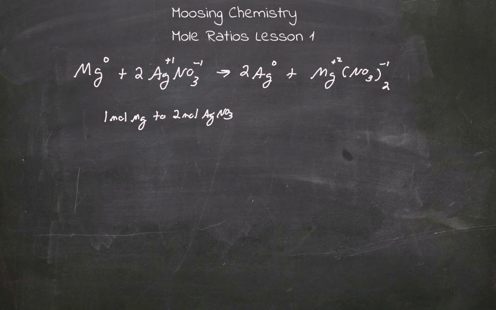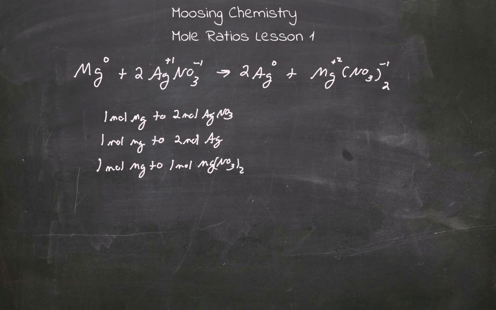So that would be one comparison. We have 1 mole of magnesium to 2 moles of silver. Another ratio would be written as 1 mole of magnesium to 1 mole of magnesium nitrate.